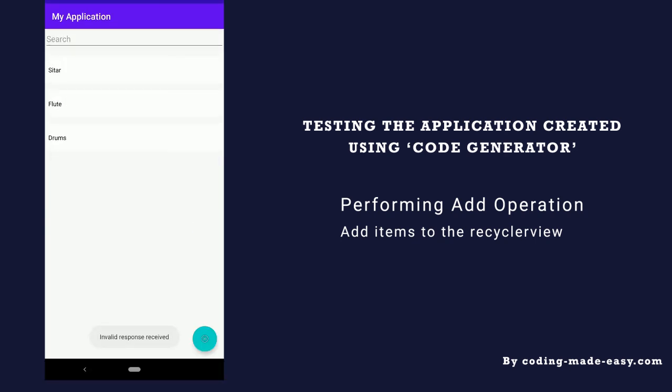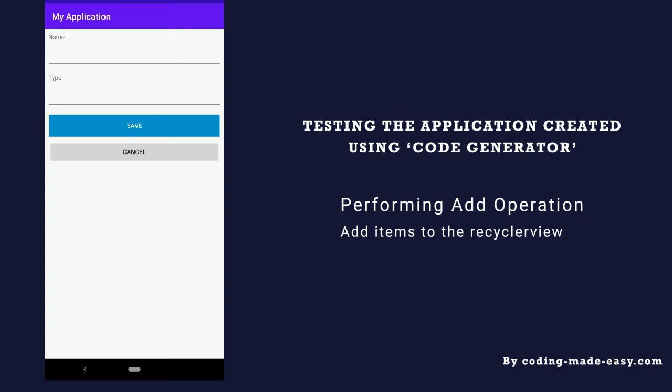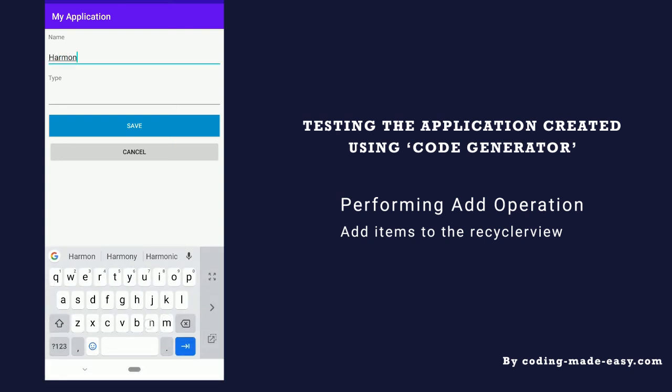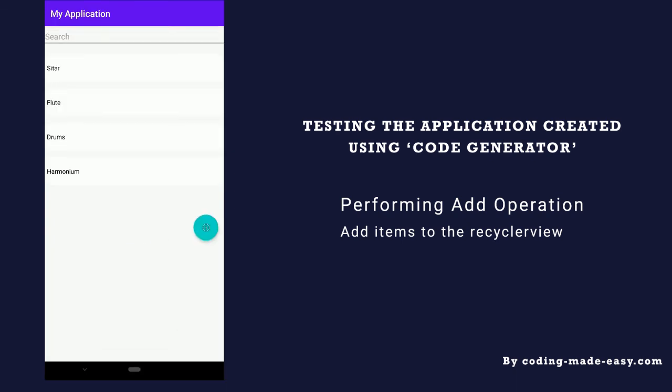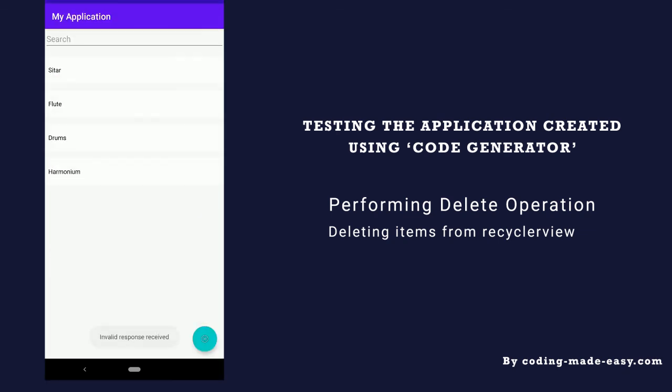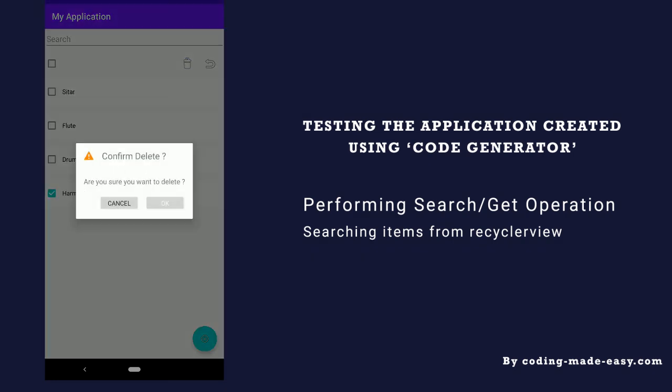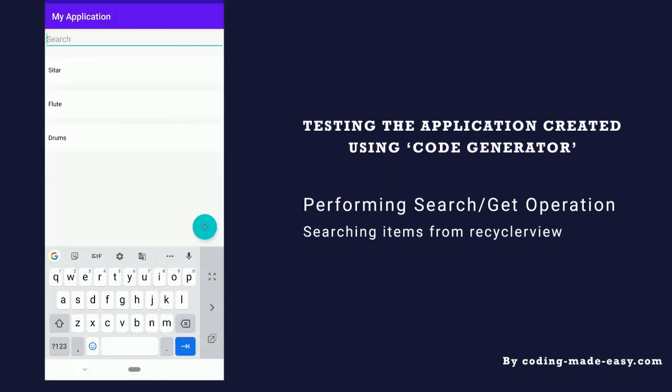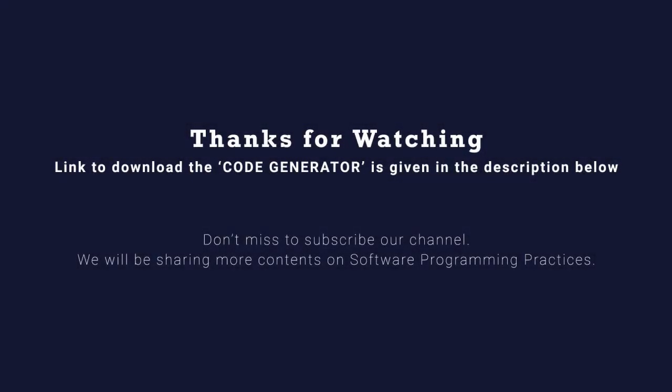We'll add some more items. Let's try out the delete feature, deleting harmonium. Okay, working. Let's try the search feature. Seems fine.